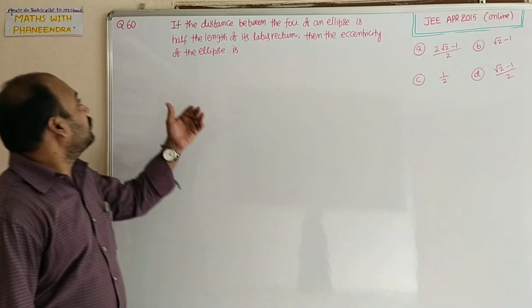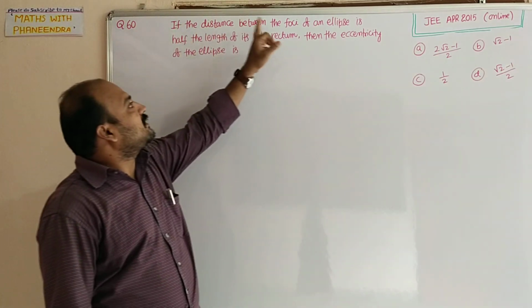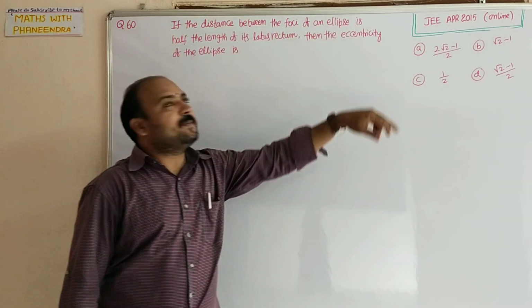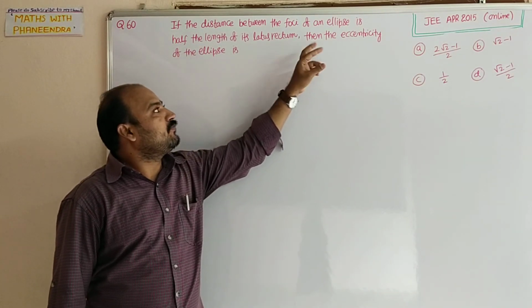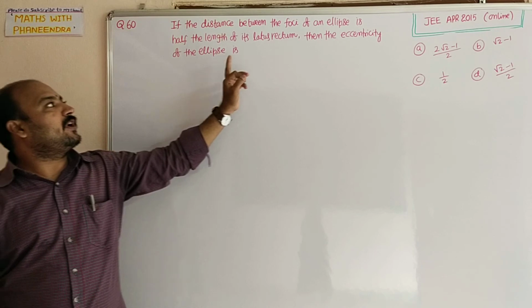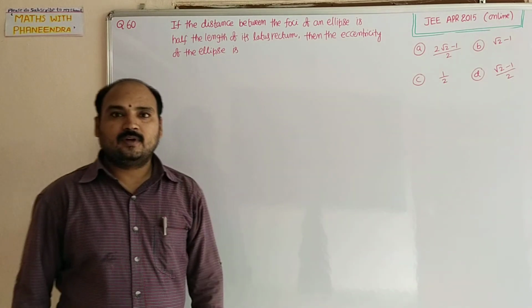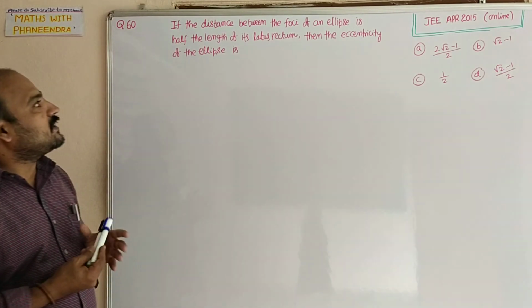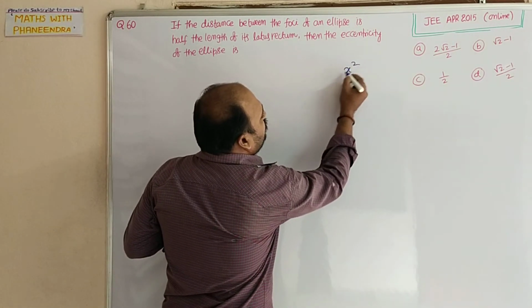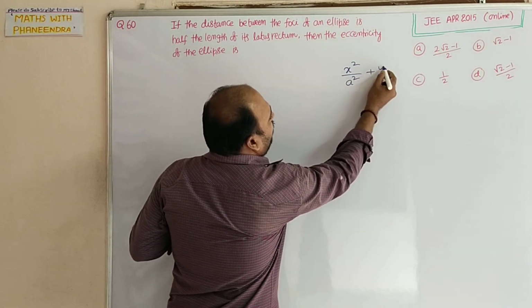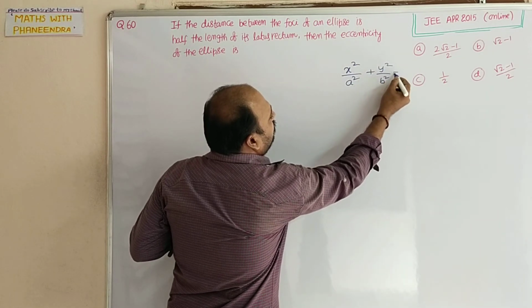The next question. If the distance between the foci of an ellipse is half the length of its latus rectum, then the eccentricity of the ellipse is? See here, this is the standard equation of the ellipse: x square by a square plus y square by b square equal to 1.